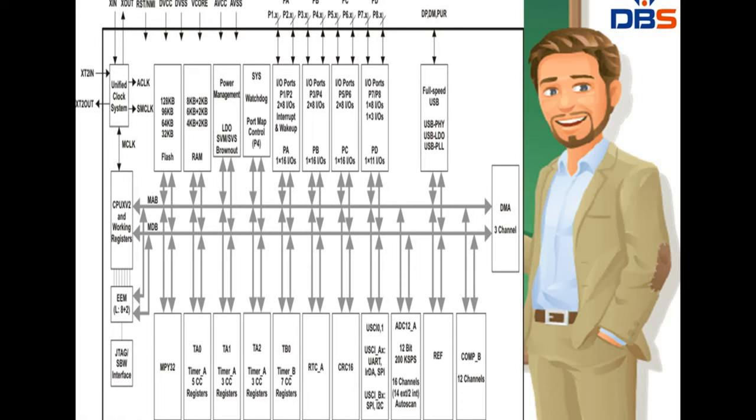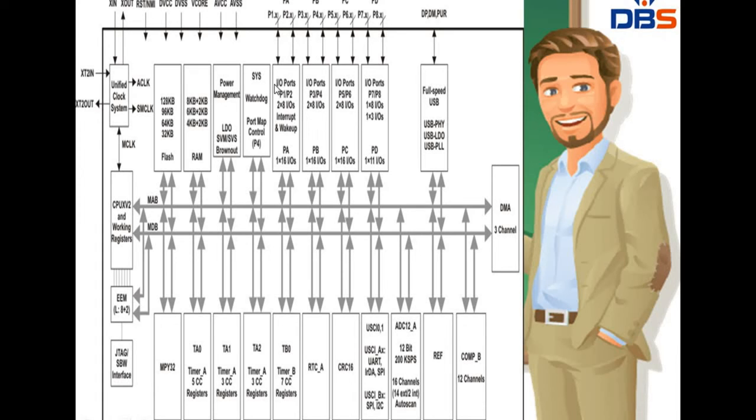The MSP430 family has 8 ports from P1 to P8. P1 to P7 have 8 IO pins, and P8 has only 3 IO pins, and each IO pin is individually configurable for input-output operations.